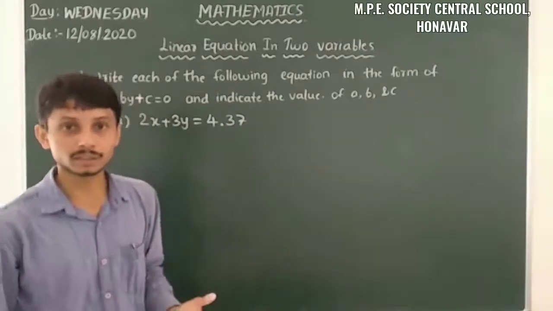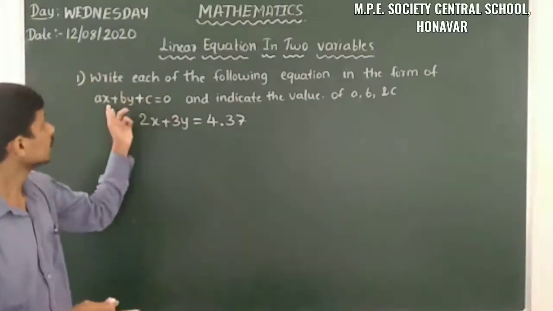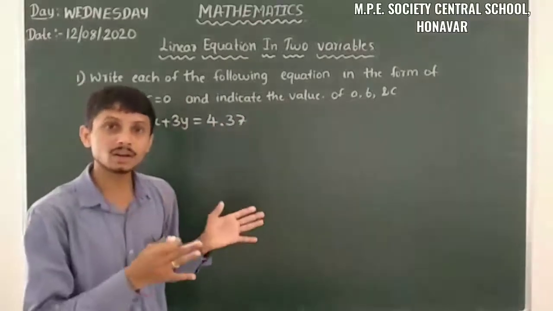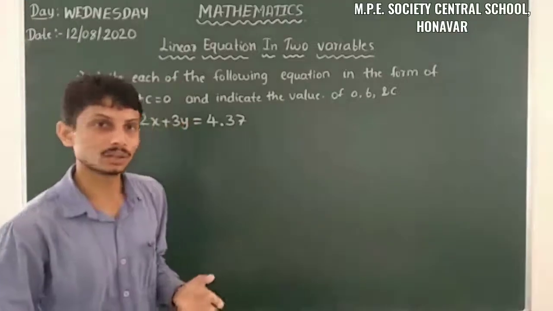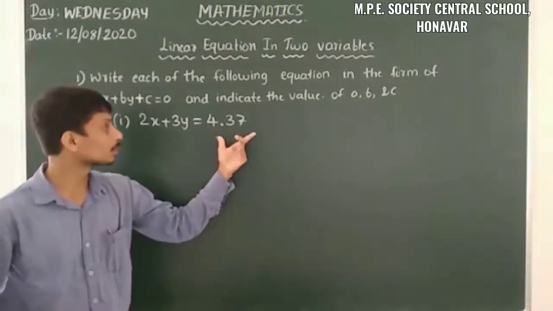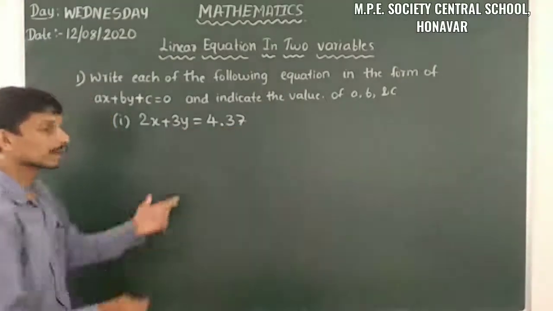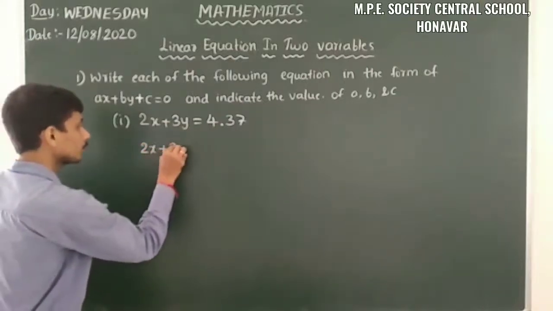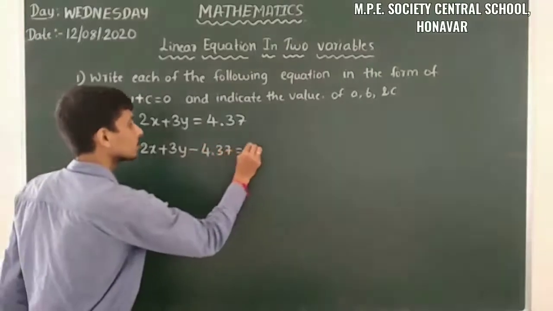That means all the terms must be on the LHS and the RHS must be 0. For that we have to transpose this 4.37 to the LHS. It becomes minus 4.37, that is 2x plus 3y minus 4.37 is equal to 0.